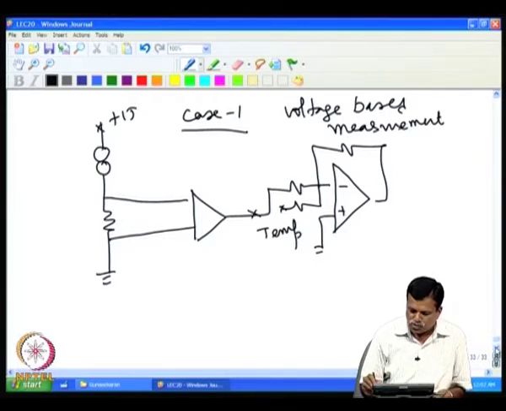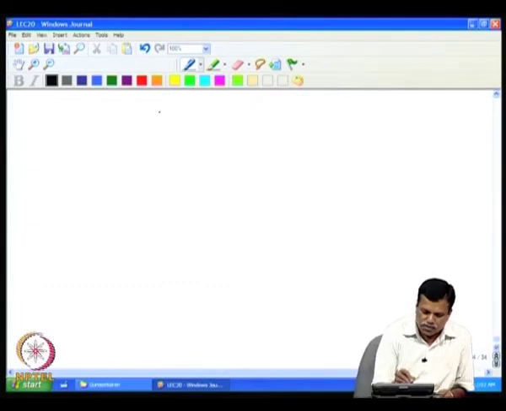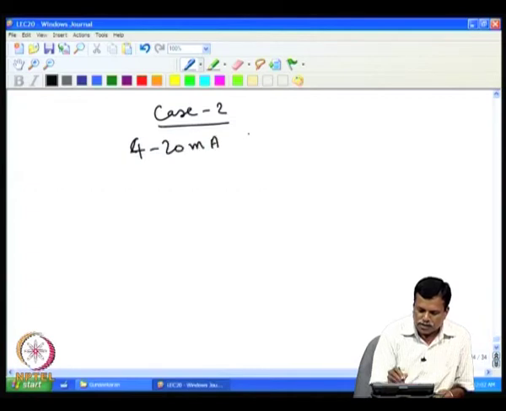And then in case 2 we go for 4-20 milliampere current based measurement. So, case 2, current based temperature measurement, 4-20 milliampere.